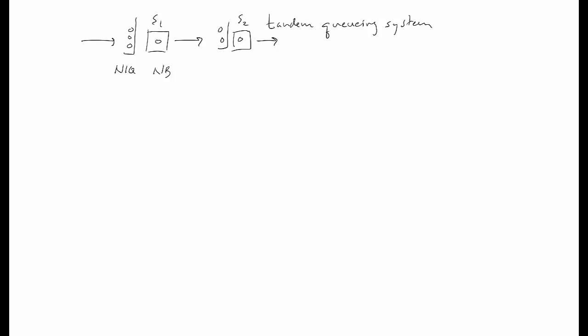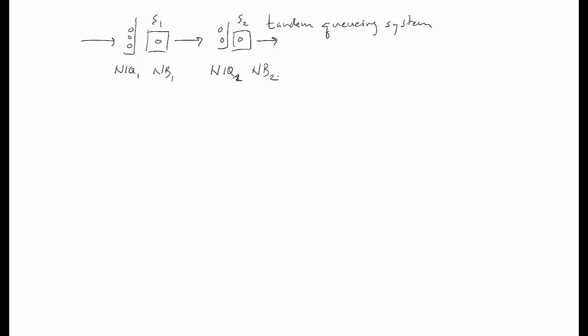For our tandem queuing system, we need to expand that. So now we also need to track the number of entities in Q2 and the number of servers of type 2 busy. So we will just subscript the values, so that now instead of 2 components to our system state, we have 4 components.